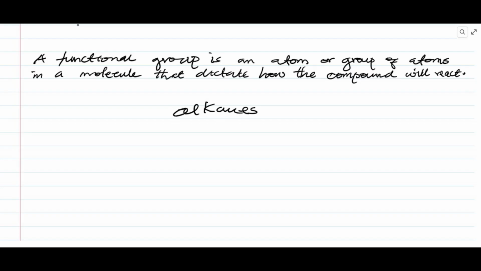The alkanes are made from petroleum. So remember, petroleum occurs naturally. So it means the alkanes occur naturally. We can get them from petroleum, we can get them from natural gas. And when you crack your alkanes, you will get alkenes from it.